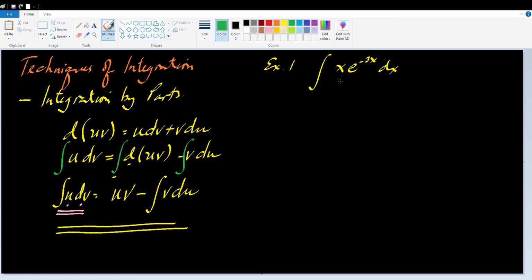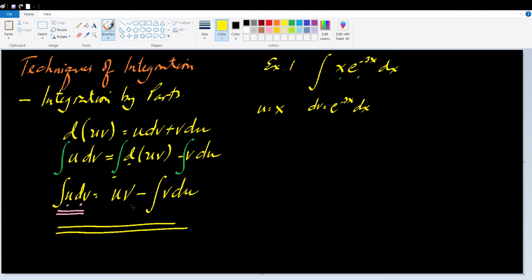Our selection for u is between x and e to the negative 3x. So let us say that our u is equal to x and our dv is e to the negative 3x dx. The differential dx is always part of dv.